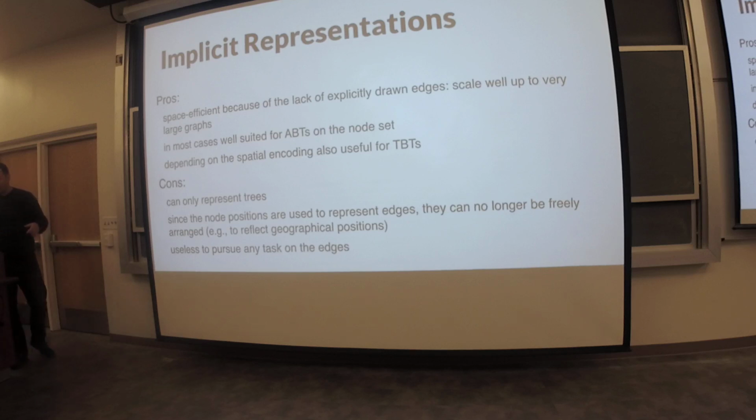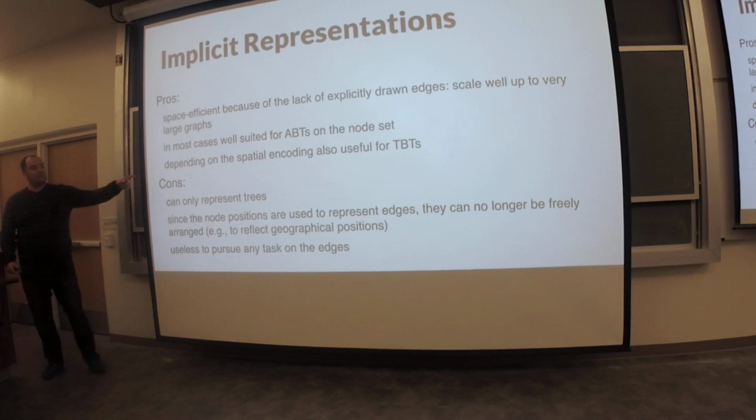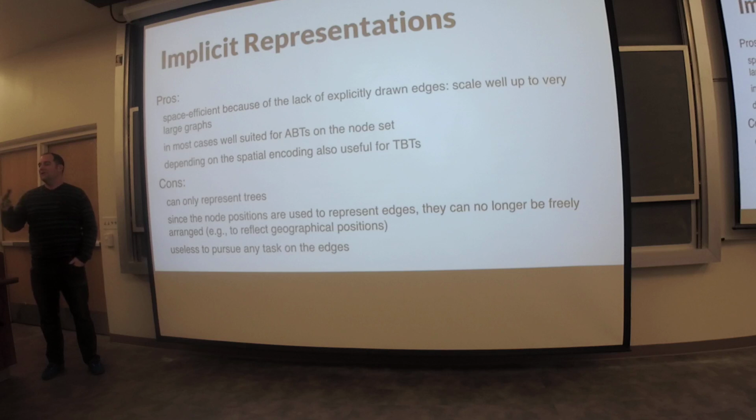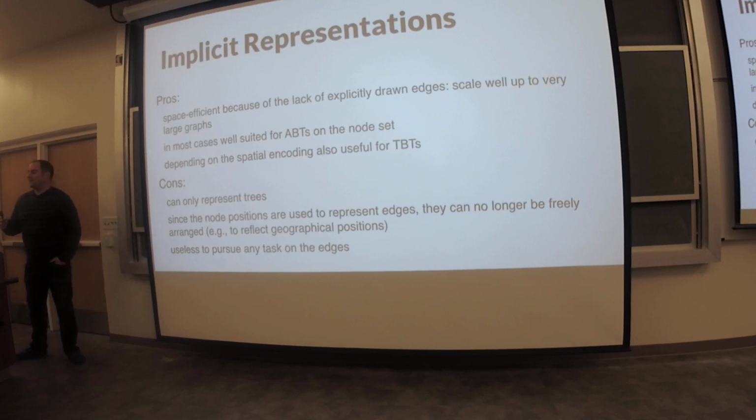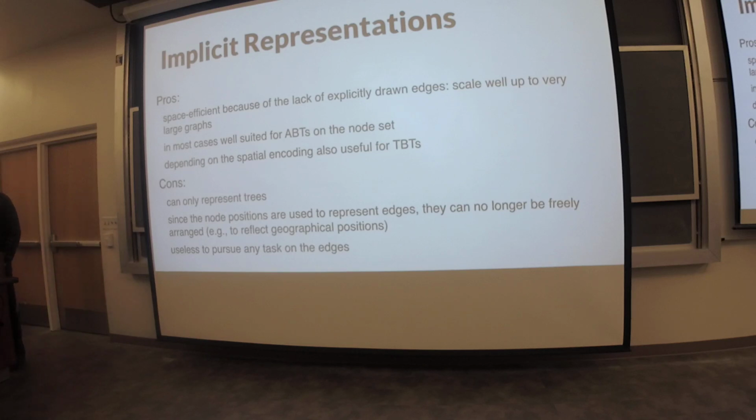And depending on the spatial encodings you could also use them for topology-based tasks, like traversing from one leaf, finding the shortest path from one leaf to the next leaf is easy with Sunburst and Icicle Plots, but almost impossible with the tree map, right?